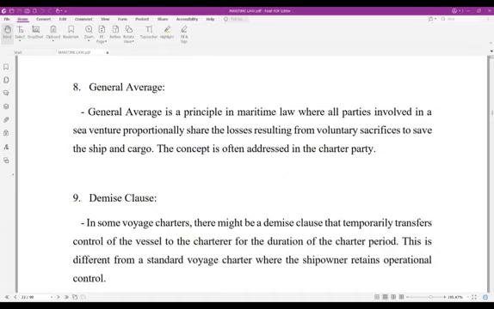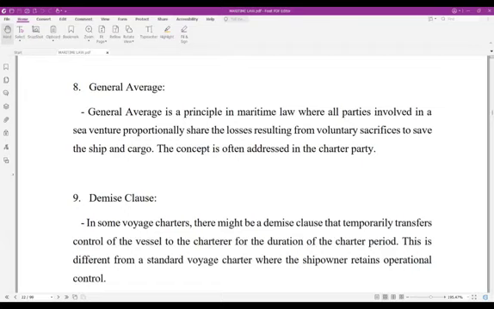Again, they all share the losses. Whenever the profit comes, they enjoy the profit. So at the same time, if otherwise comes, and in this case it is the losses resulting from voluntary sacrifices to save the ship and cargo.